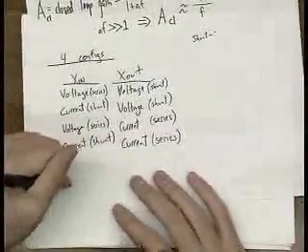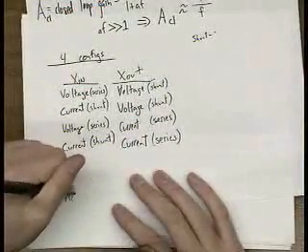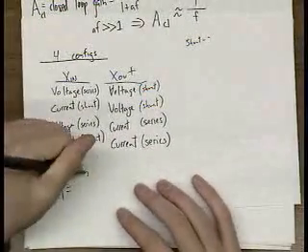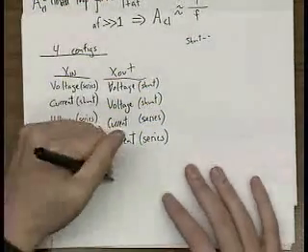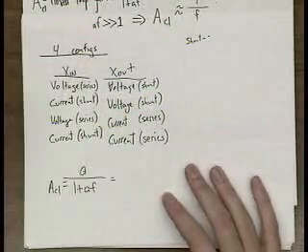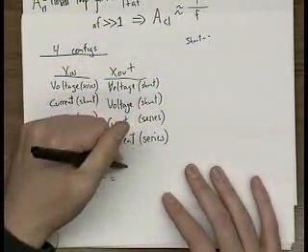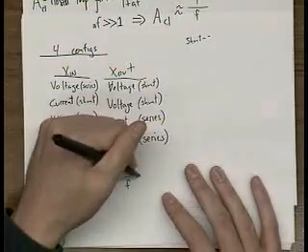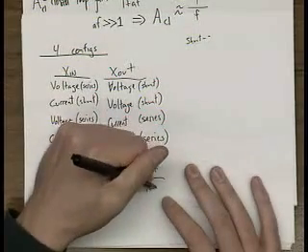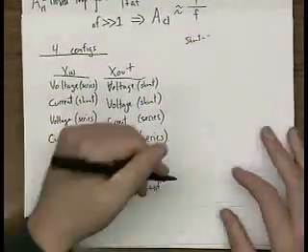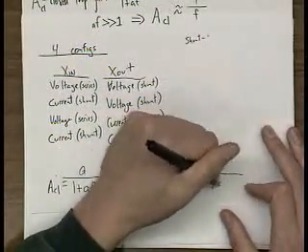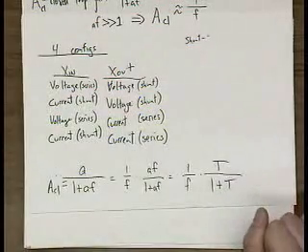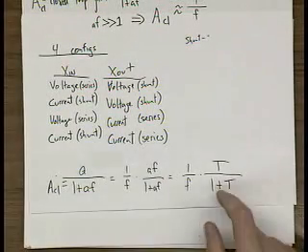So one last note: ACL is equal to A over 1 plus AF, which is equal to 1 over F times AF over 1 plus AF, which is equal to 1 over F times T over 1 plus T. So this is an exact expression.